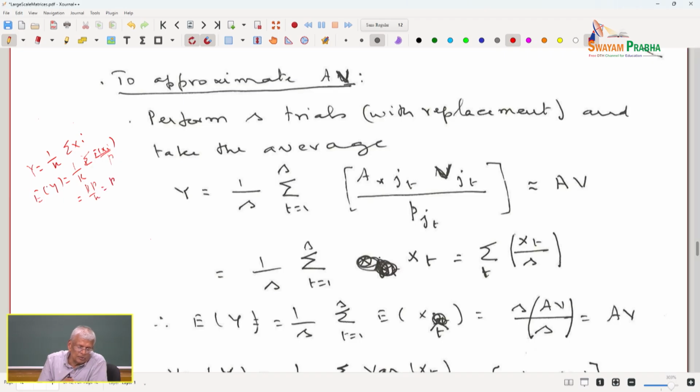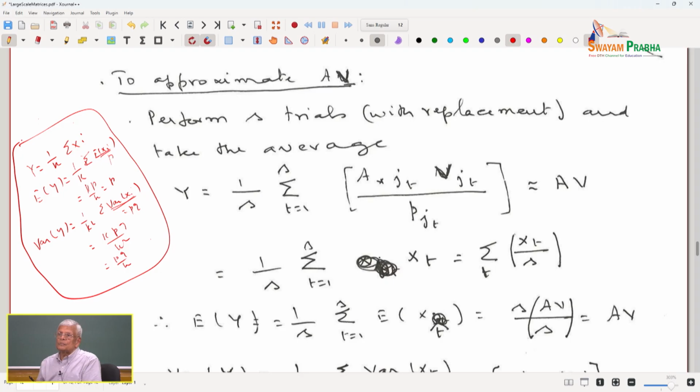So, the expected value is equal to the unknown, but the variance of y is equal to 1 over k square times the sum of the variances of xi. Each of them is equal to pq. So, this is k times pq divided by k square, which is equal to pq divided by k. Why is this important?